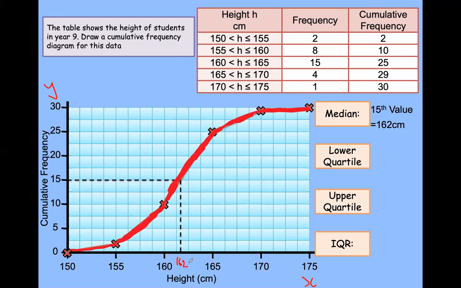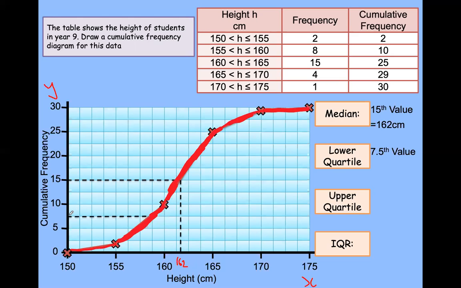For the lower quartile, you divide 30 by 4, so n divided by 4, and that is going to be 7.5, so the 7.5th value.